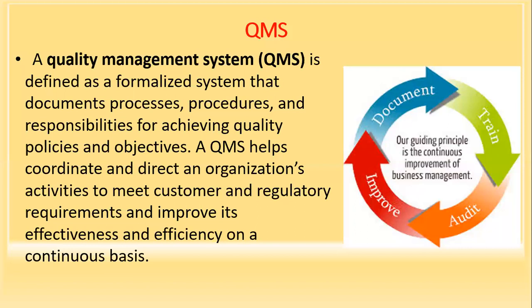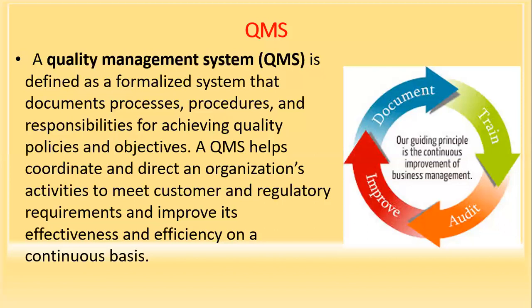So it is defined as a formalized system that documents processes, procedures, and responsibilities for achieving quality policies and objectives. Right? A QMS helps to coordinate and direct an organization's activities to meet customer and regulatory requirements and improve its effectiveness and efficiency on a continuous basis.